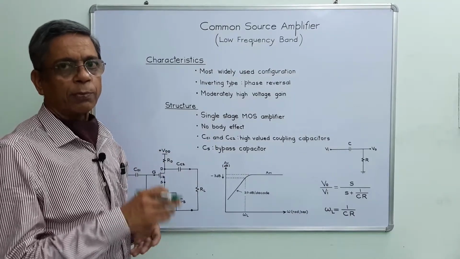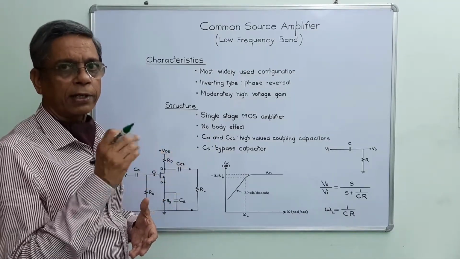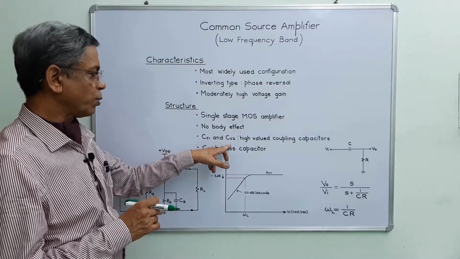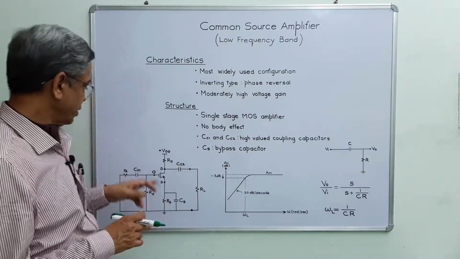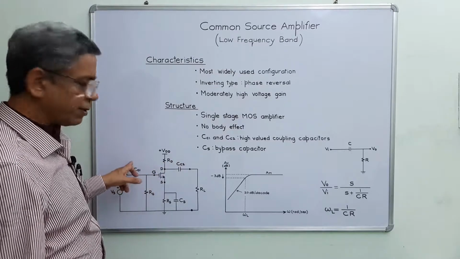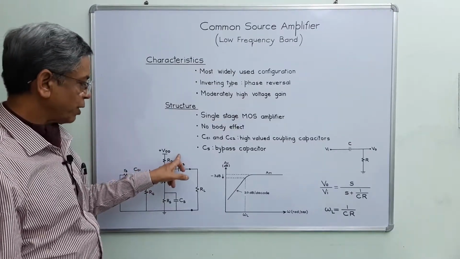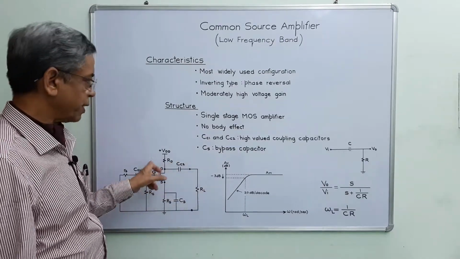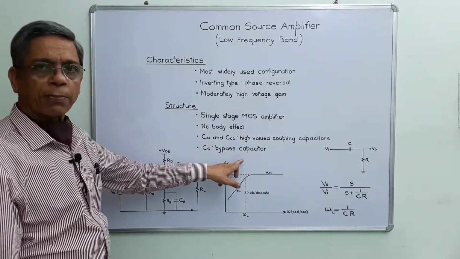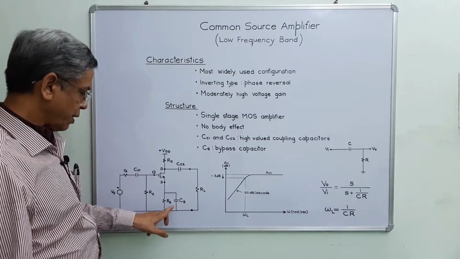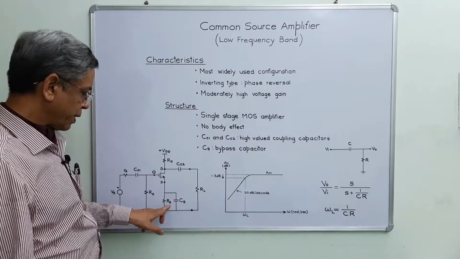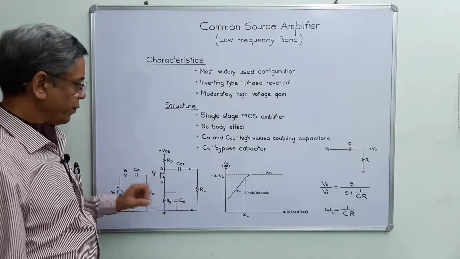We assume that body and source terminals are interconnected, and CC1 and CC2 are high valued coupling capacitors. CC1 is connecting the input voltage source to the device and CC2 is connecting the load resistor to the device, and CS is the bypass capacitor, bypassing the source resistor.